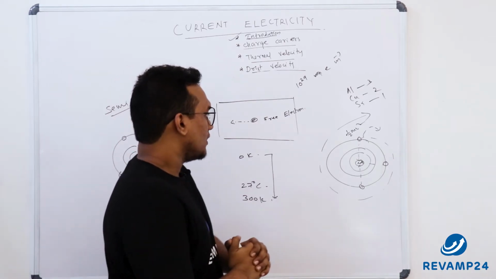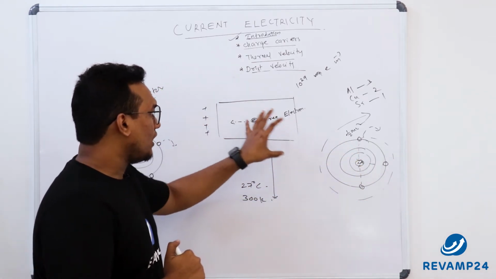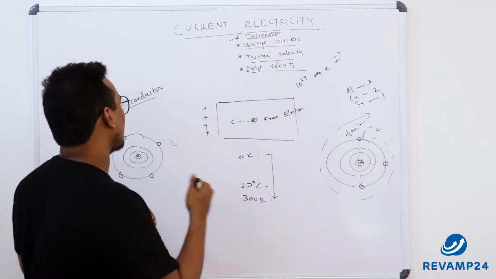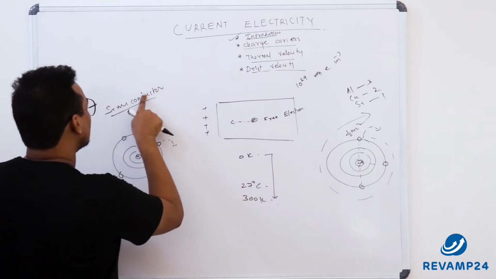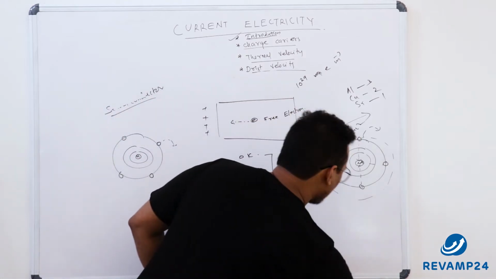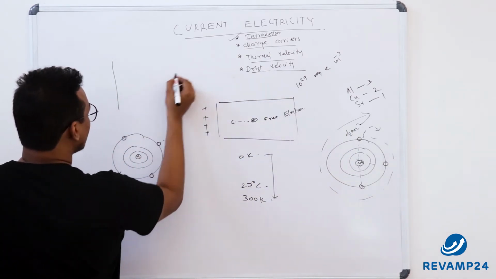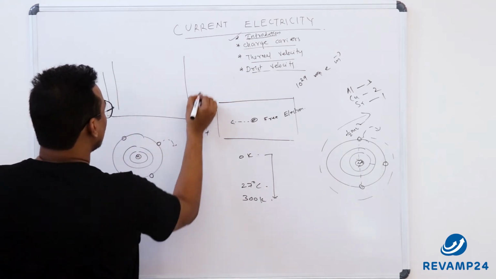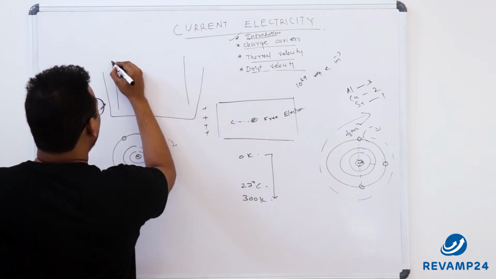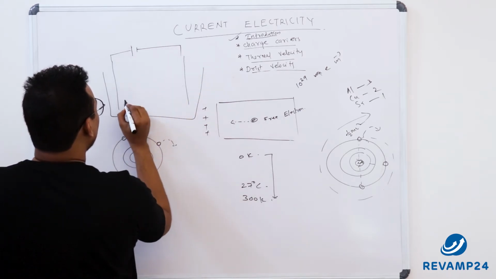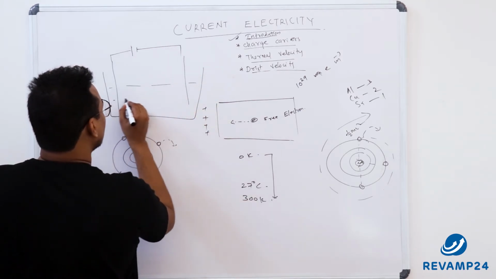Not only electrons are charge carriers. We have ions as charge carriers. For example, in a NaCl solution, these are anode and cathode. I am connecting a battery here, positive terminal, then a negative terminal, and we have NaCl solution here.